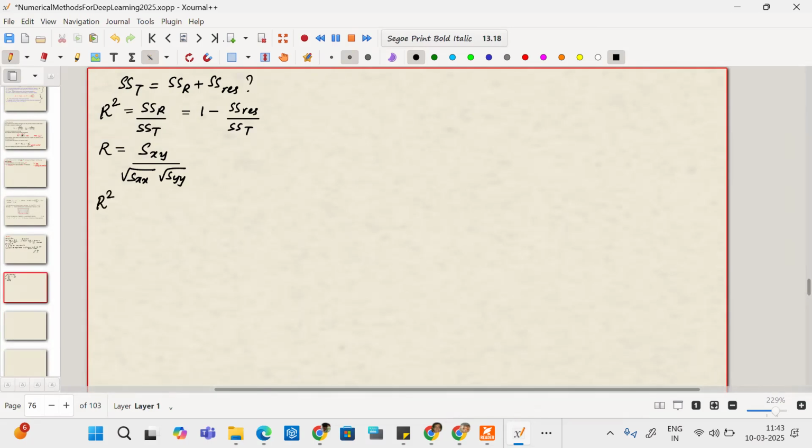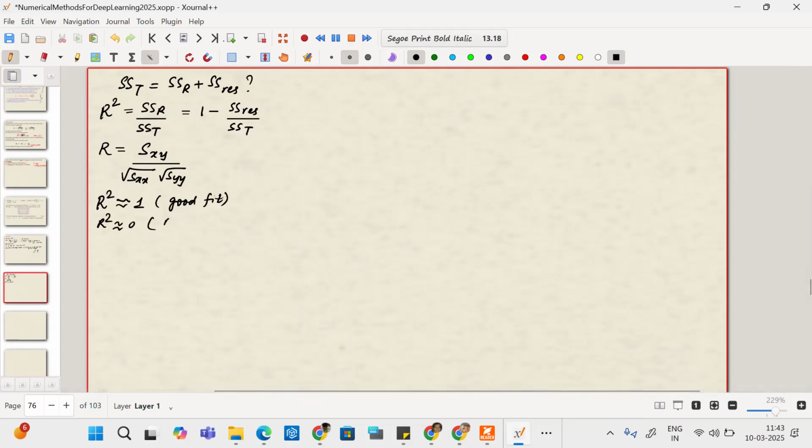So R2, if it is close to 1, is a good fit. If it is close to 0, it is missing the data points. That means it is not able to closely fit your data points.